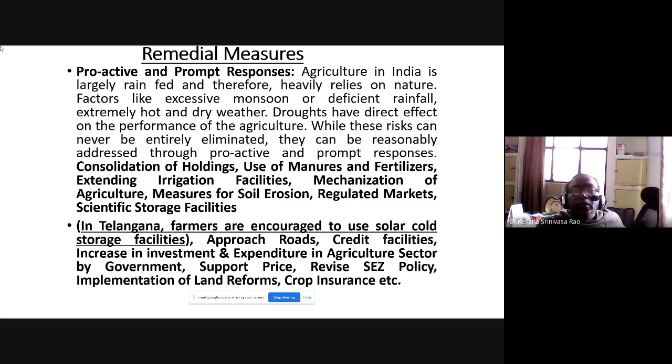Excessive monsoons or extremely hot and dry weather are the factors. Droughts have a direct effect on the performance of agriculture. While these risks can never be entirely eliminated, they can be reasonably addressed through proactive and prompt responses, because these all depend upon nature.